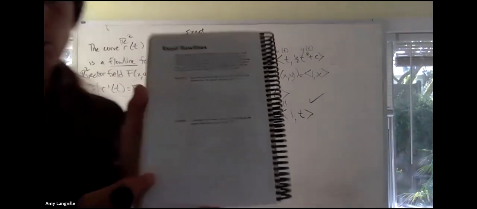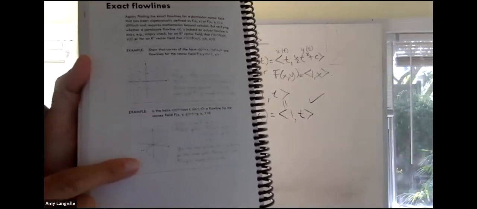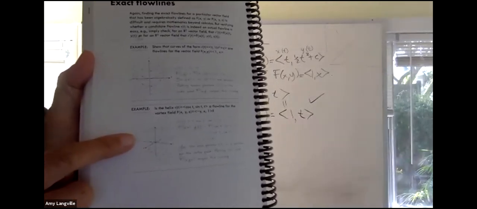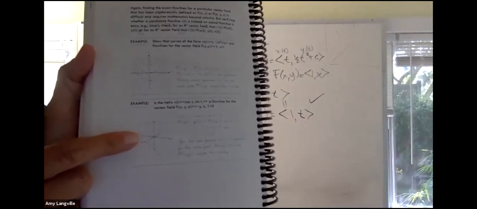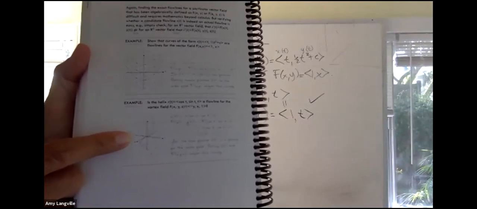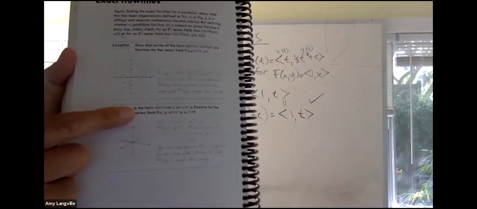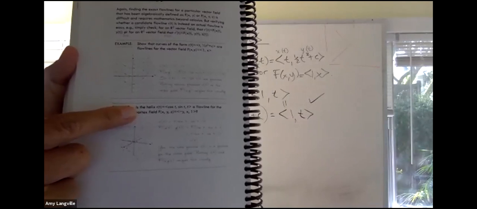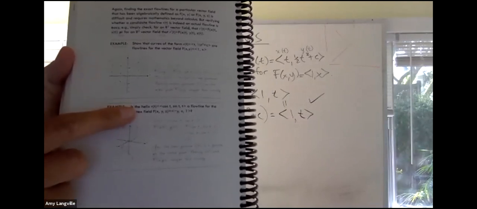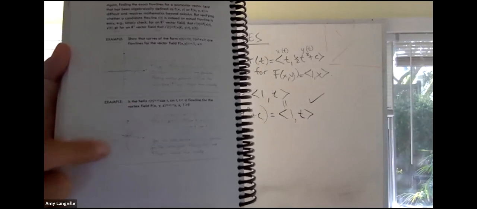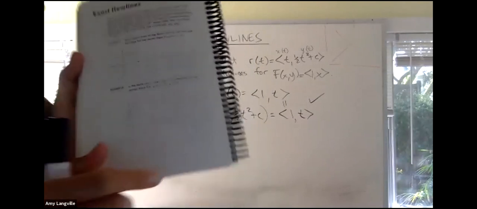For your exact flow lines page, we talked about this R2 one, but you could also ask it for R3. This is a 3-dimensional vector field plotted in R3. It would have an R3 space curve, r of t, and you could check if I gave you one. In this case, I'm giving you a helix, and I'm saying, is this actually, yes or no, a flow line? The equation of any flow line in this particular R3 vector field, we're wondering, and that's something you can check.